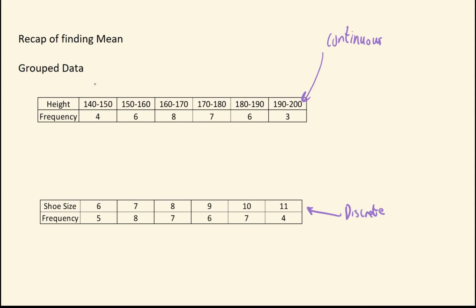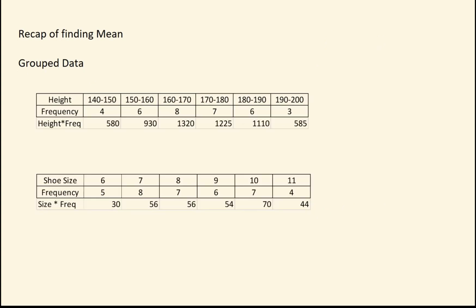For continuous data, you start off with taking the midpoints and do that for all those points, and you then do midpoint times frequencies. For the discrete data, you just do number times frequency. Work that out, which is done here. That then gives you this row of numbers for height times frequency and shoe size times frequency. You then want to add up this column and this column.